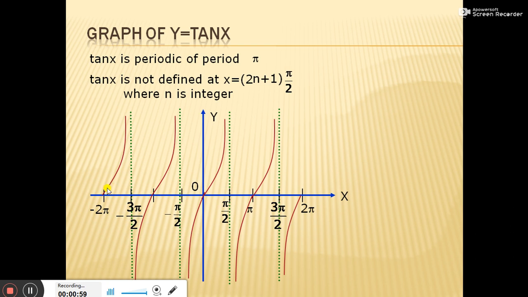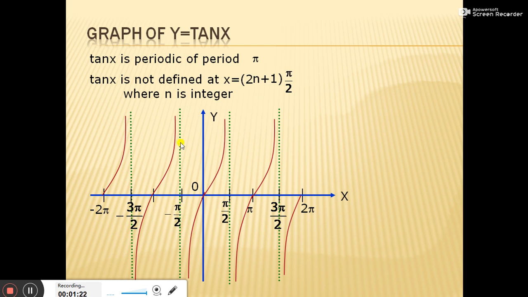The curve from minus 2 pi to minus 3 pi by 2 is like this, and then from minus 3 pi by 2 to minus pi by 2 the graph starts from here, and therefore it is discontinuous between minus 2 pi and minus pi.